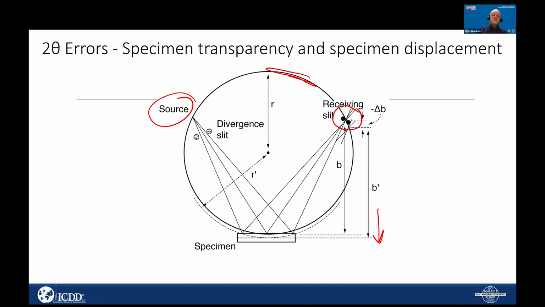This displacement changes the radius around the sample, and that in turn results in a shift in where the diffraction peak is observed as you're scanning through your detector on the instrument. These transparency and displacement effects are probably the 2 most significant effects you see in diffraction peak position shifting.